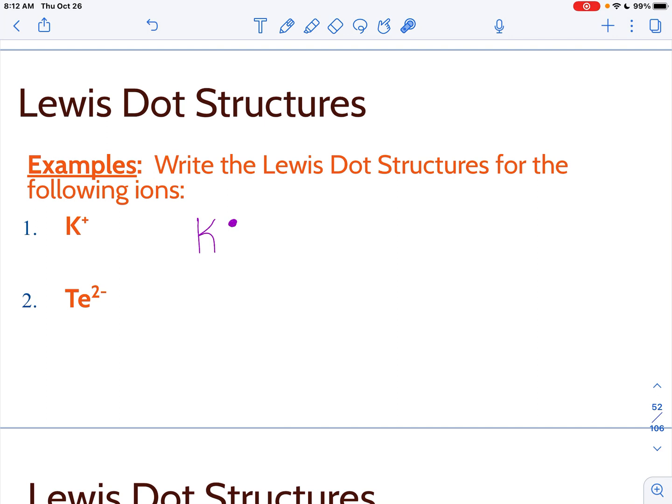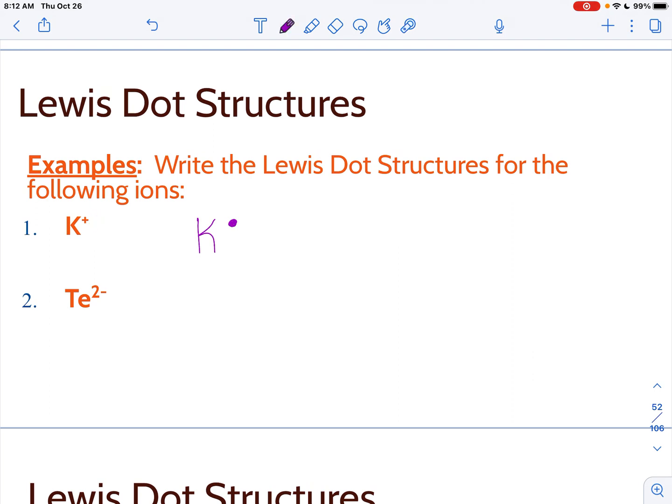What's difficult or challenging about chemistry when you first start doing this is that electrons are negative and they also do a lot of the work in chemistry. So when you see a positive charge, it actually means you're going to remove that many electrons.